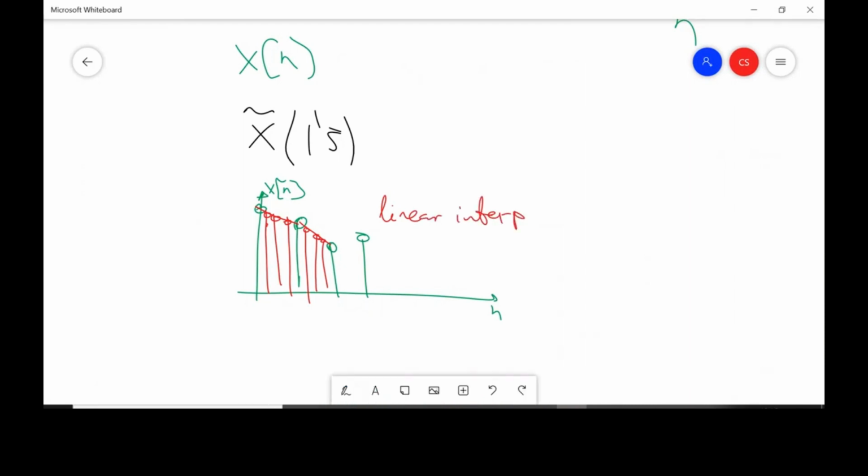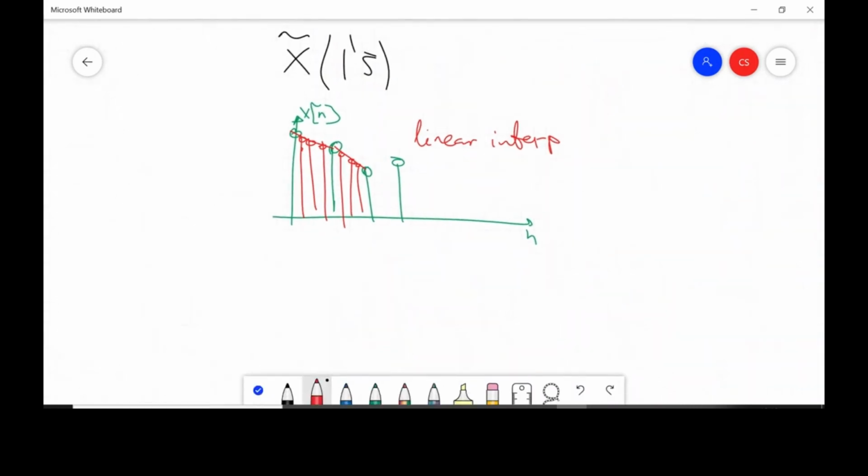But I could say, no, I will fill the gaps with the sample that is closer on the left.